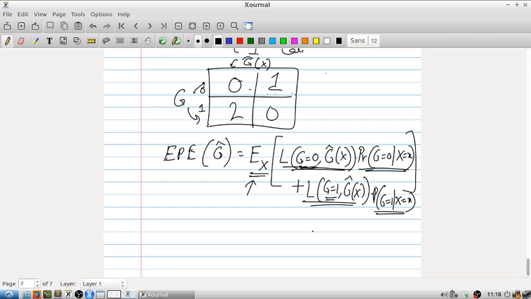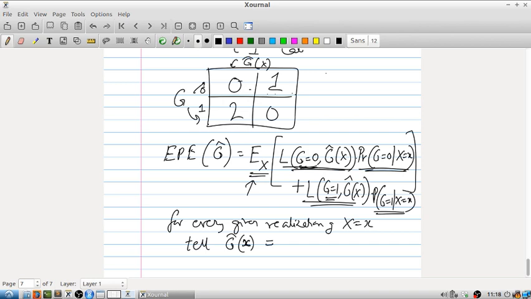Again the same trick: you can look at it as, for every given x, can I minimize this to find the g hat. So for every given realization of x is equal to x, we can tell what g hat of x is, for a little x.